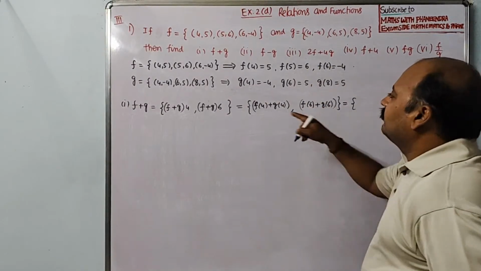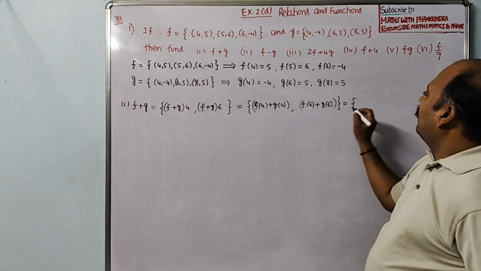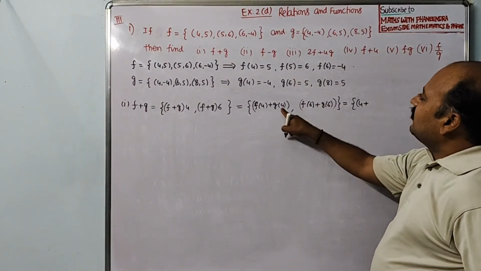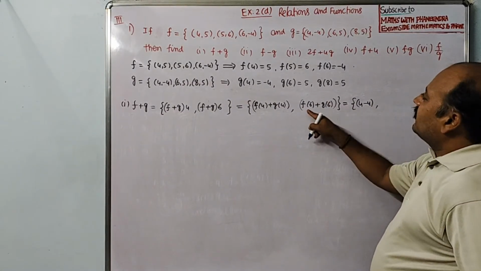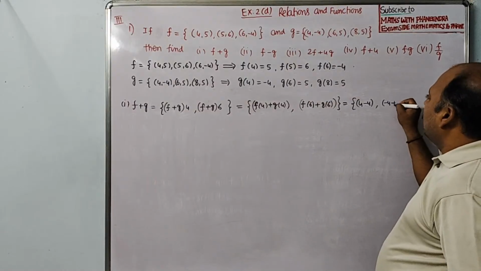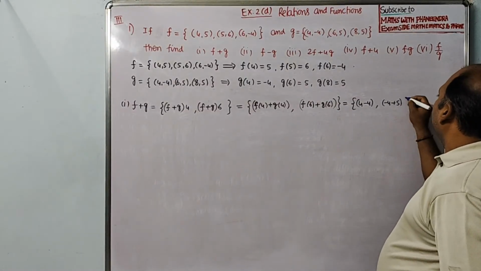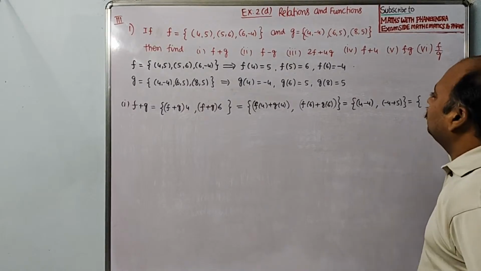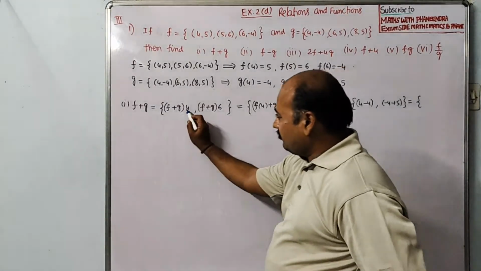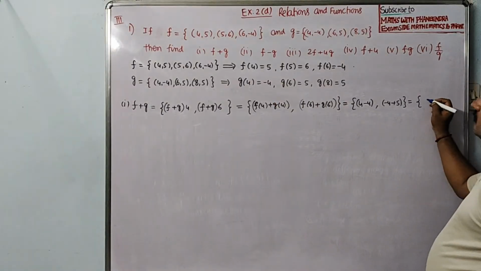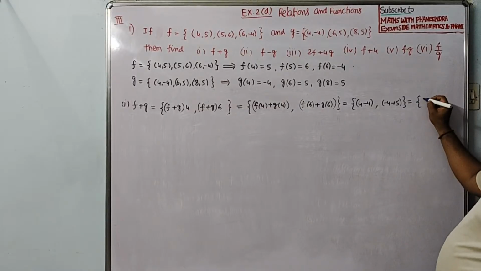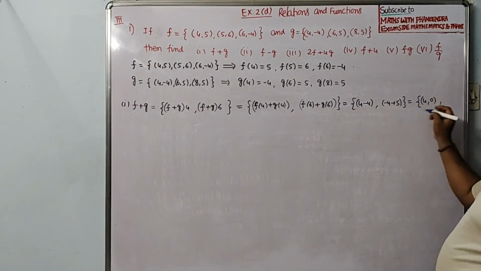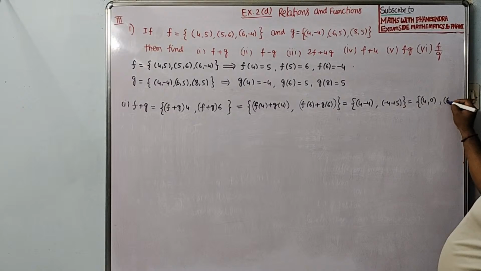Which is equal to f of 4 value 5 plus g of 4 value minus 4, and f of 6 value minus 4 plus g of 6 value 5. So the answer is (4,1), (6,1).